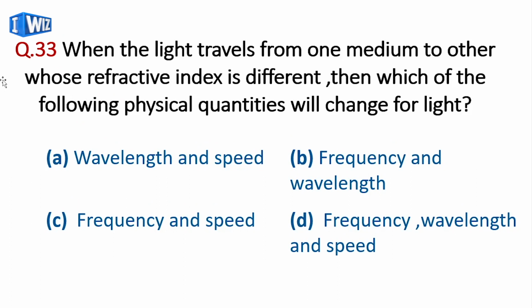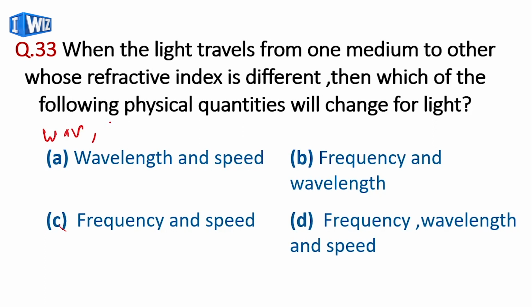Next, when light travels from one medium to another whose refractive index is different, which of the following physical quantities will change for light? When it is going from one medium to another, the wavelength will obviously change. Speed of light is different because light has to pass through different media and different atmospheric conditions.